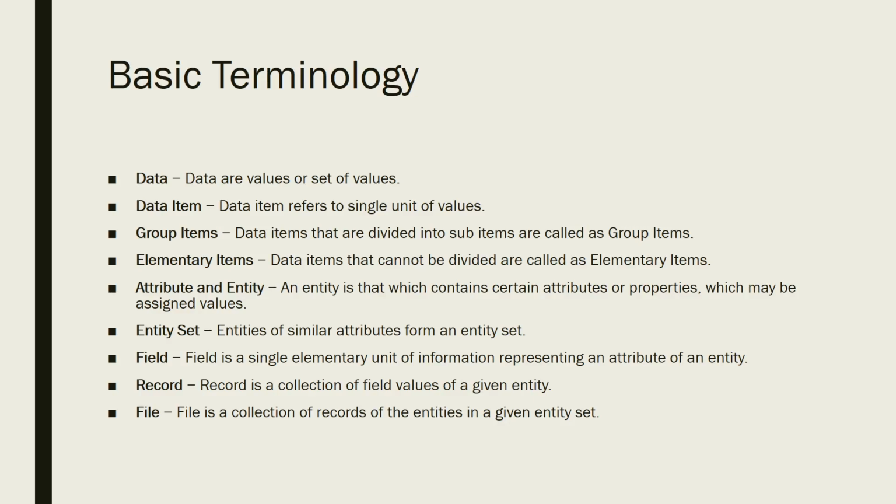Then the entity set: entities with similar attributes form an entity set. A field is a single elementary unit of information representing an attribute of an entity. A record is a row, a collection of field values of a given entity. A file is a collection of records.